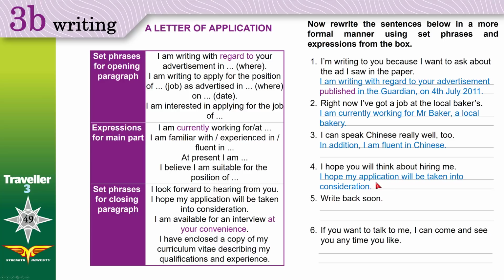I hope my application will be taken into consideration. Write back soon. I look forward to hearing from you. If you want to talk to me, I can come and see you anytime you like. This is informal. You write, I am available for an interview at your convenience.